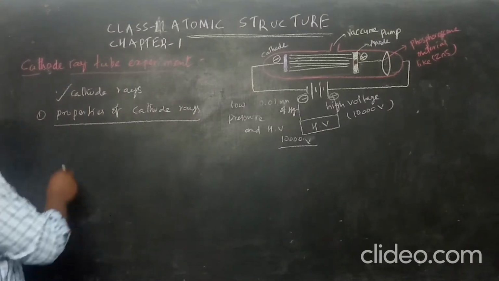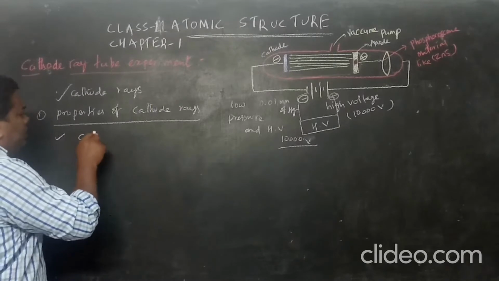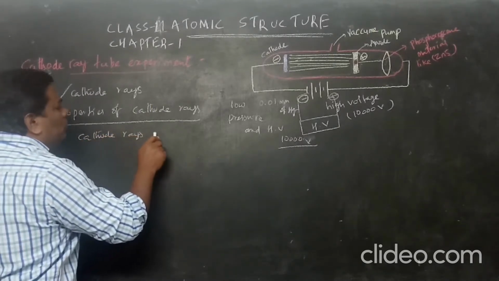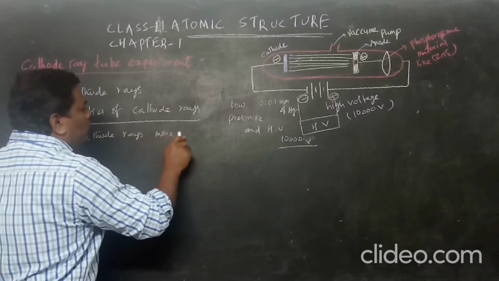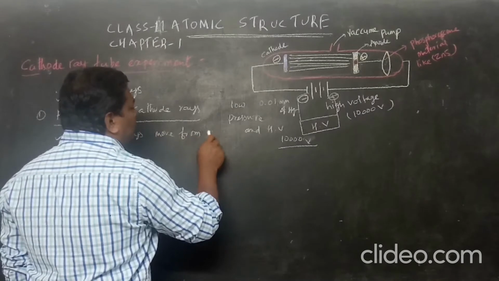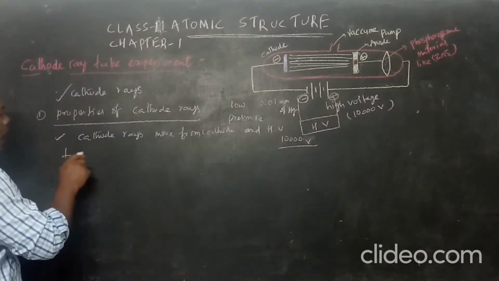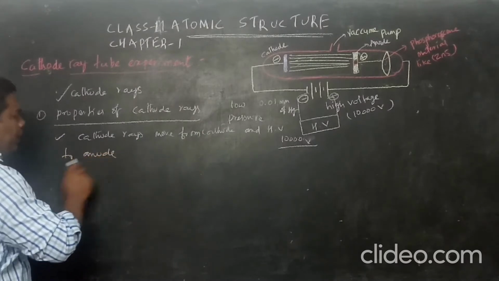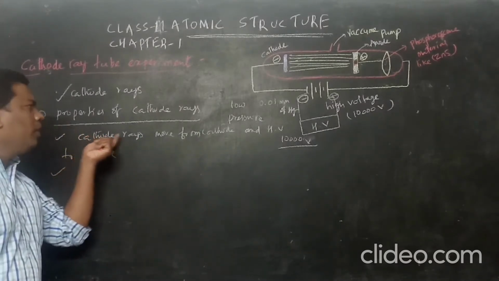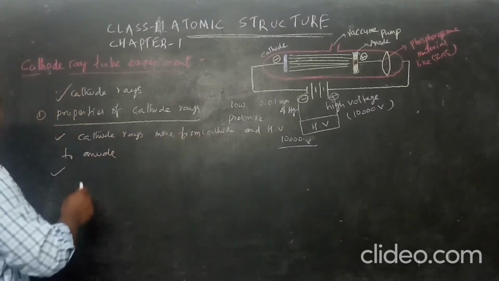The first point you can see is that the cathode rays move from cathode to anode. The first property is that cathode rays move from cathode to anode. Clear? Right.